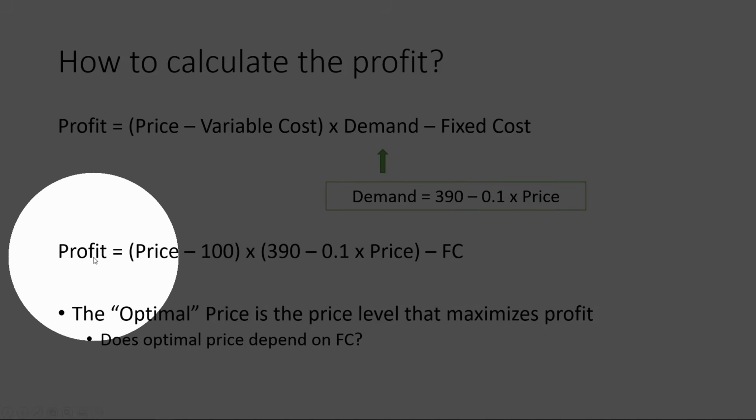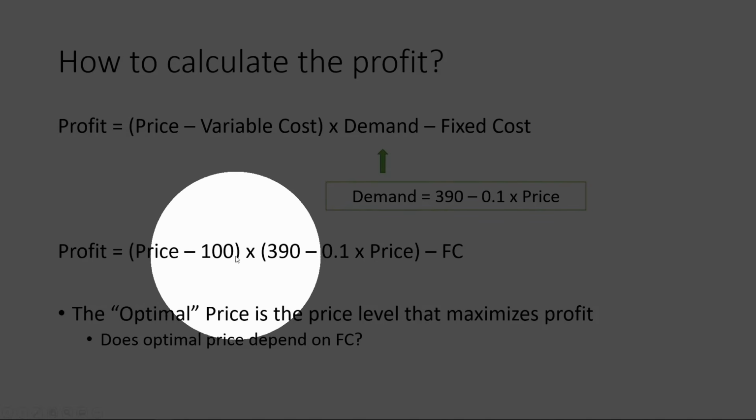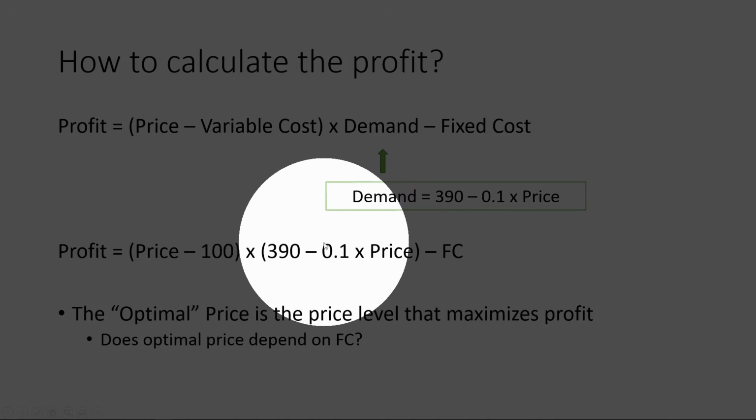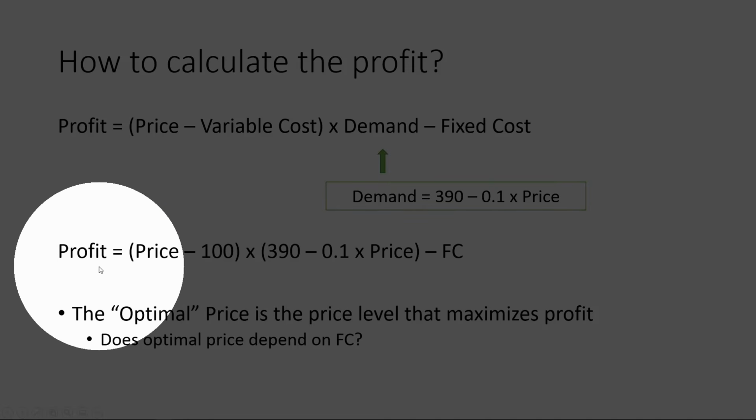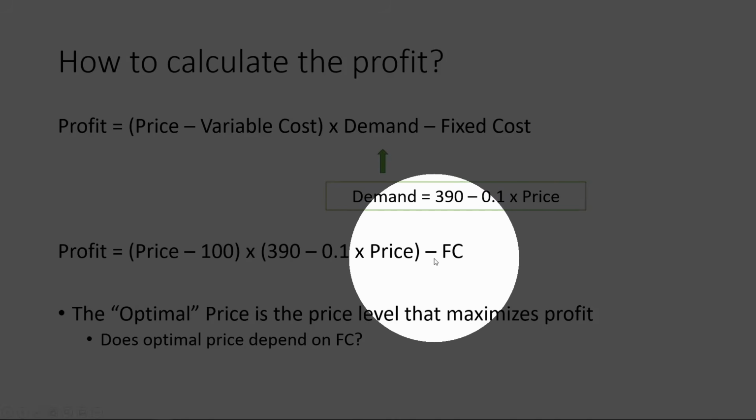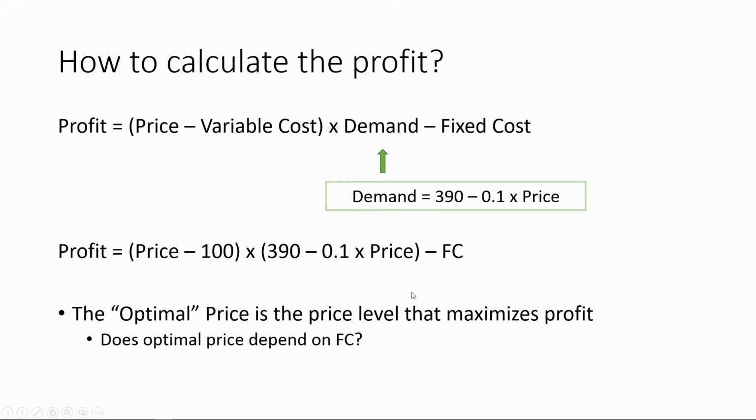That gives us the profit. So wherever this profit component without fixed cost is maximized, that's where the profit is maximized, because fixed cost has nothing to do with it. Interestingly, as you can tell from this formula, fixed cost has nothing to do with the optimal price level. When you calculate the optimal price, you can safely ignore the fixed cost.